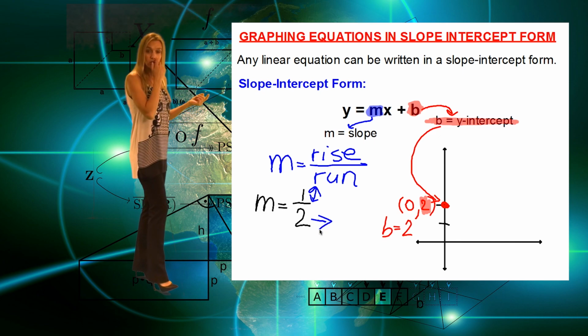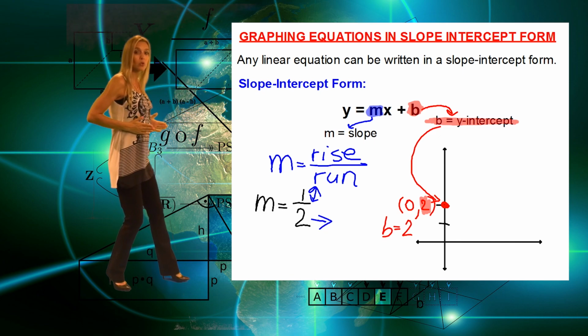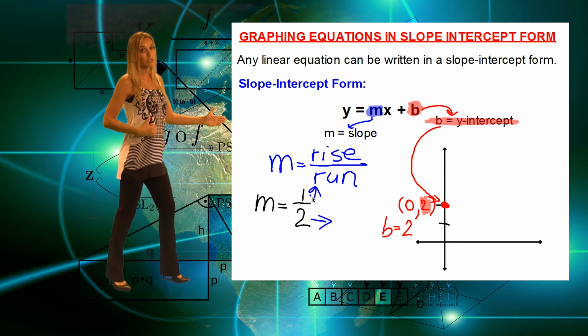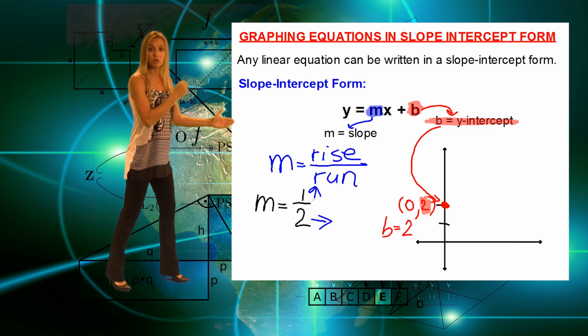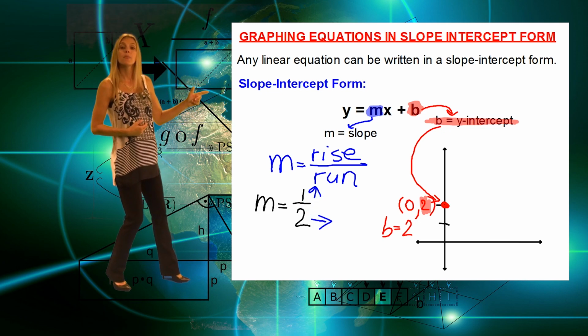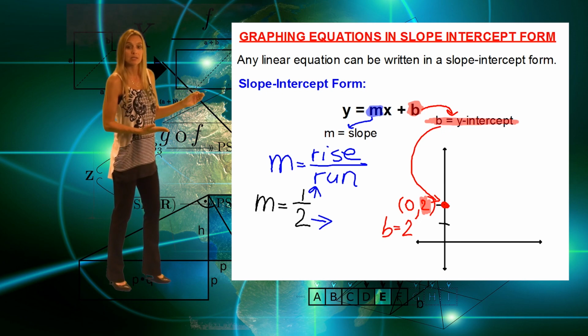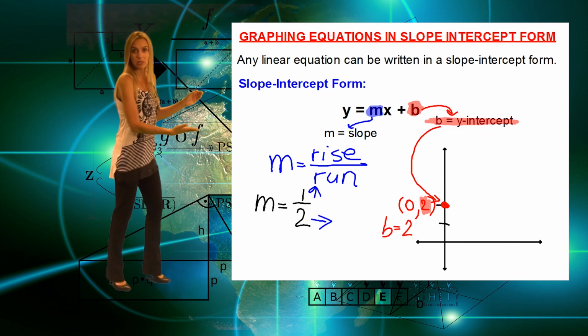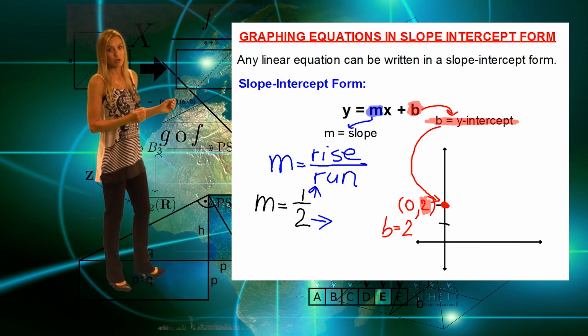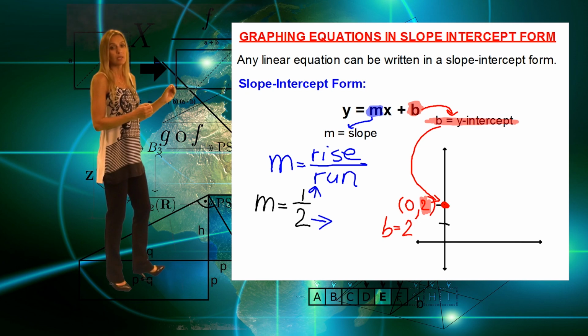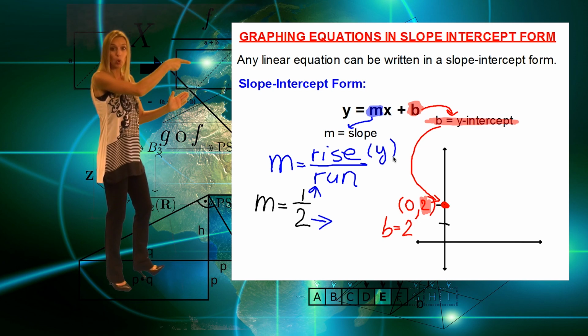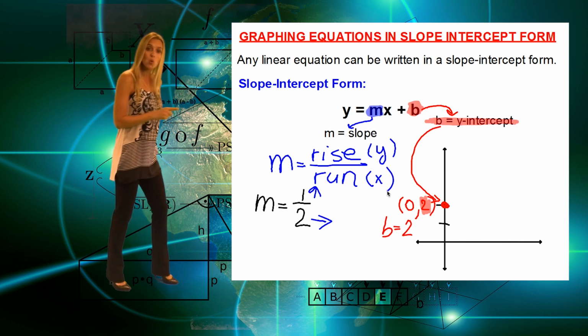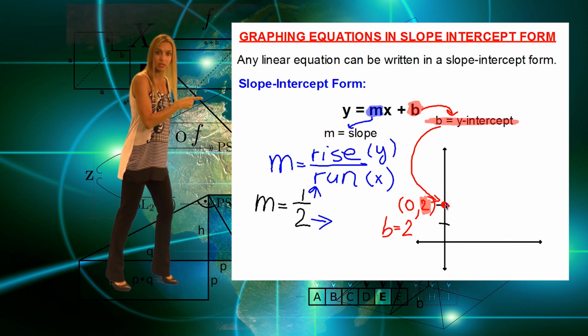And run, when it comes to slope, we always go to the right, never to the left. So we have rise over run, where rise is the y-axis and run is the x-axis, because the x-axis is the one that can go left and right. However, my rise can go up or down, but run can go only to the right.